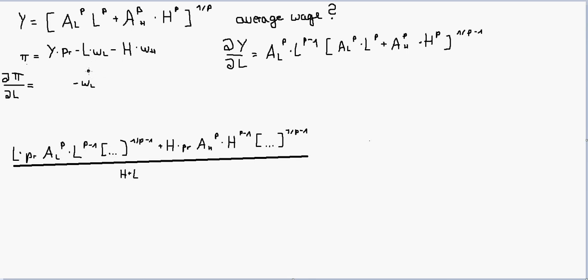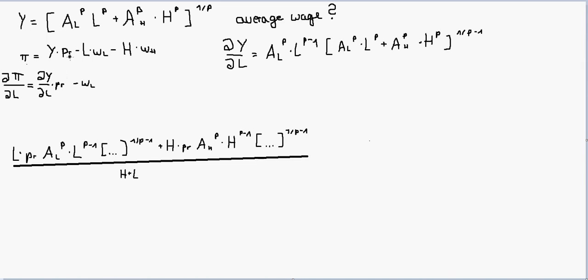But what we also have to take into account is this Y, because inside this Y, that's the CES production function, we have also our L. So we have to derive this Y with respect to L, times P_R.